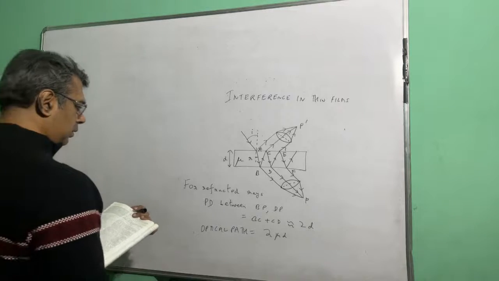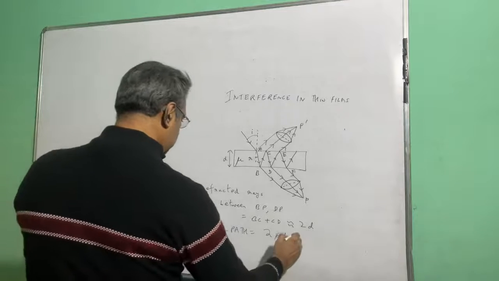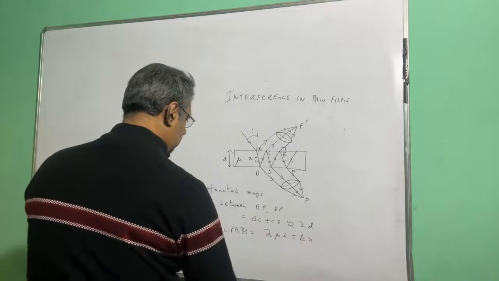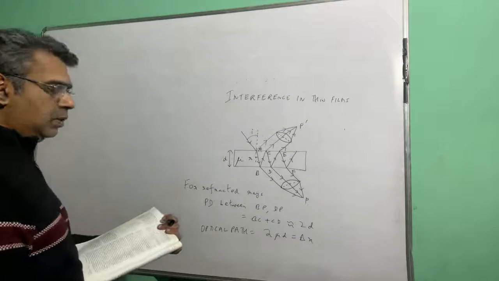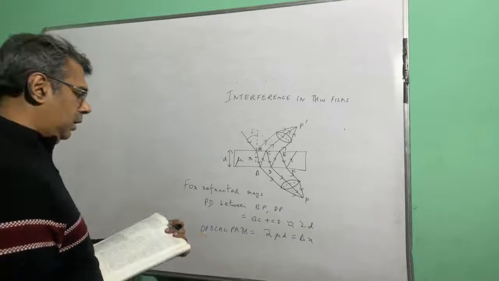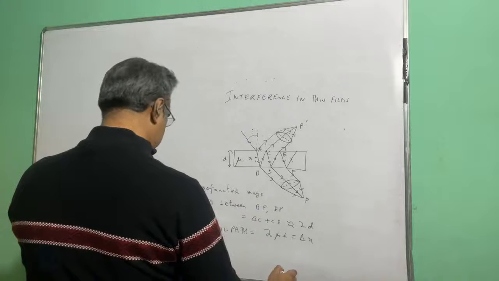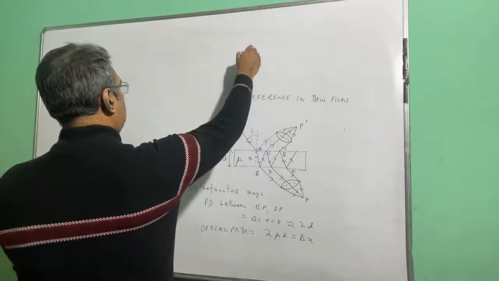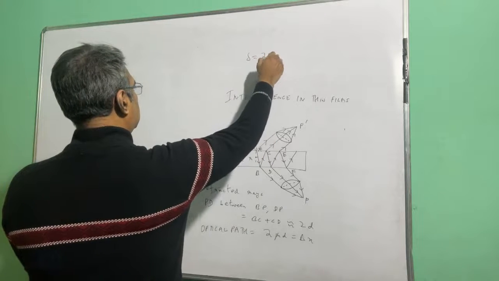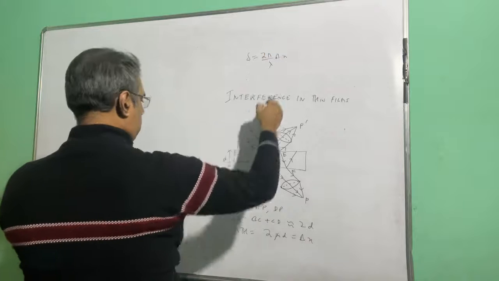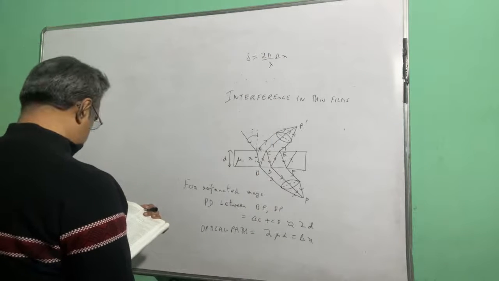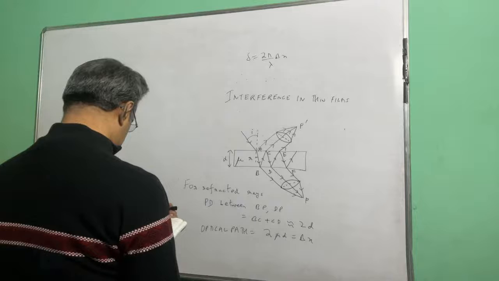This optical path is what we call the actual path difference, optically speaking, delta x. And you are aware that the phase difference is equal to 2 pi by lambda into delta x.